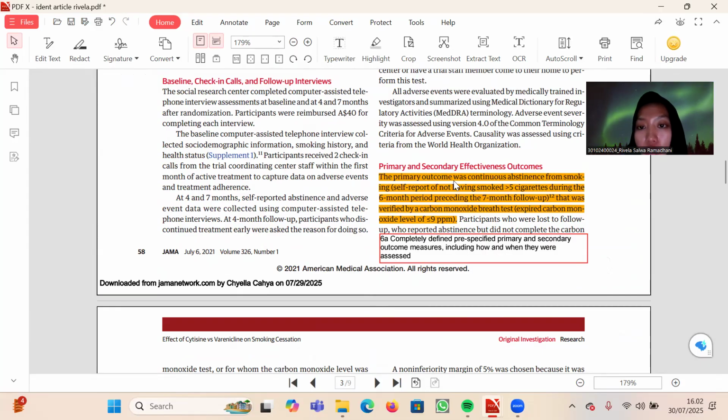The primary outcome was continuous abstinence from smoking, self-reported as not having smoked more than 5 cigarettes during the 6-month period preceding the 7-month follow-up, verified by a carbon monoxide breath test with an exhaled carbon monoxide level of less than 9 ppm. Participants lost to follow-up were considered smoking. This is 6A.